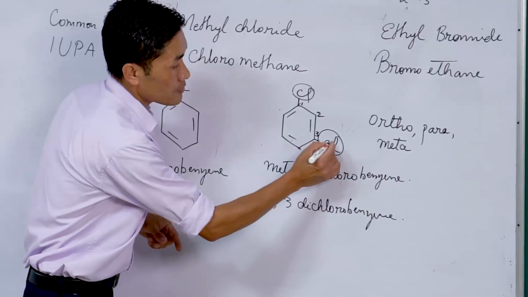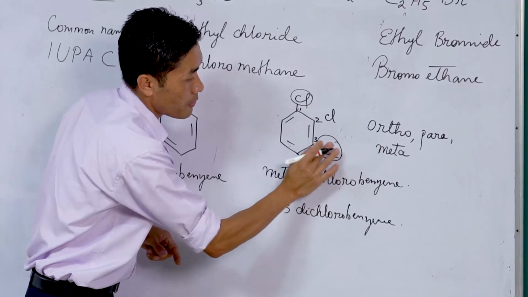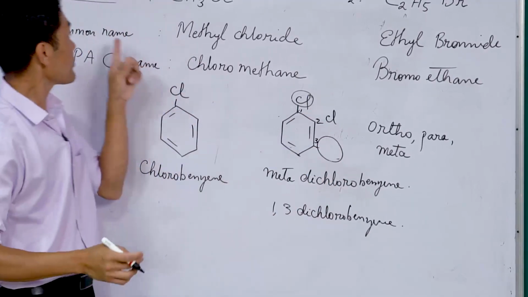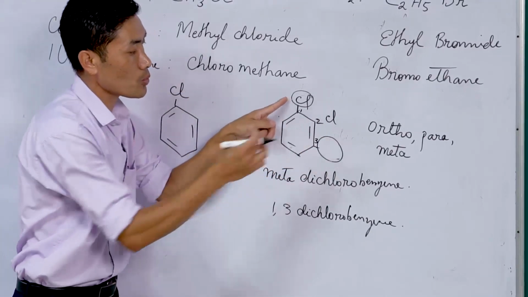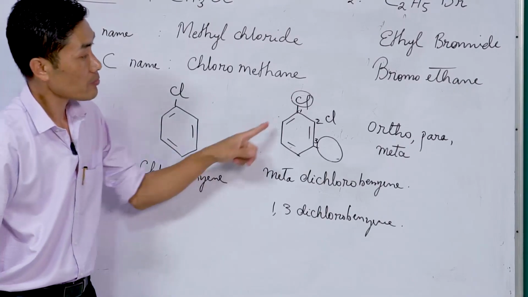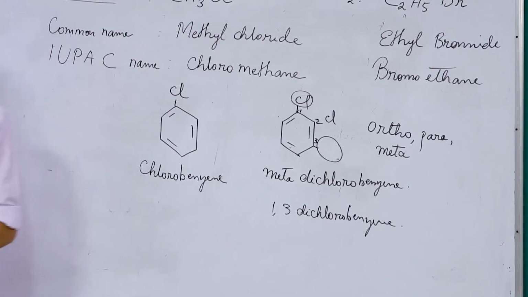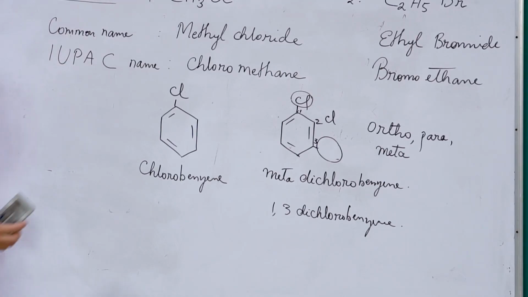So if we have this halogen here instead of here, then under the common system, this will be named as ortho dichlorobenzene. And under the IUPAC name, it will be named as 1,2 dichlorobenzene. So these are some important points to keep in mind while naming these haloalkanes and haloarenes.